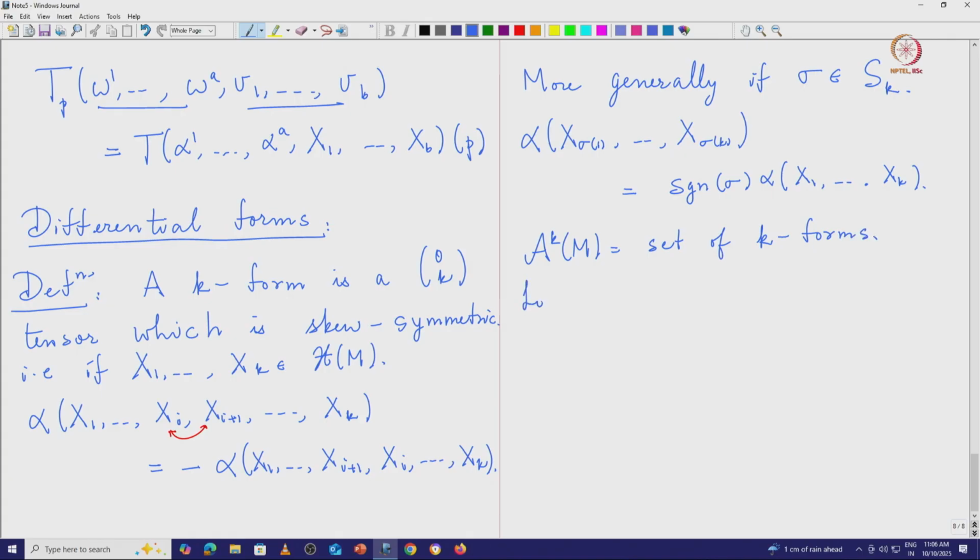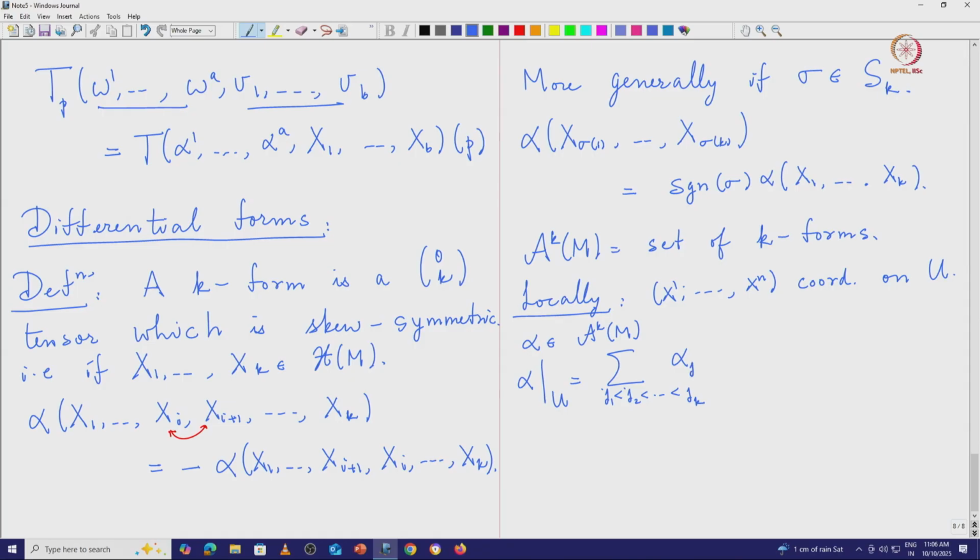Okay, and locally we write them as follows. So let's say x1 to xn are coordinates on some open set U, and let's say alpha is a k form, then alpha on U is written as the sum over all these indices j1 less than j2 less than jk of alpha j1 up to jk.